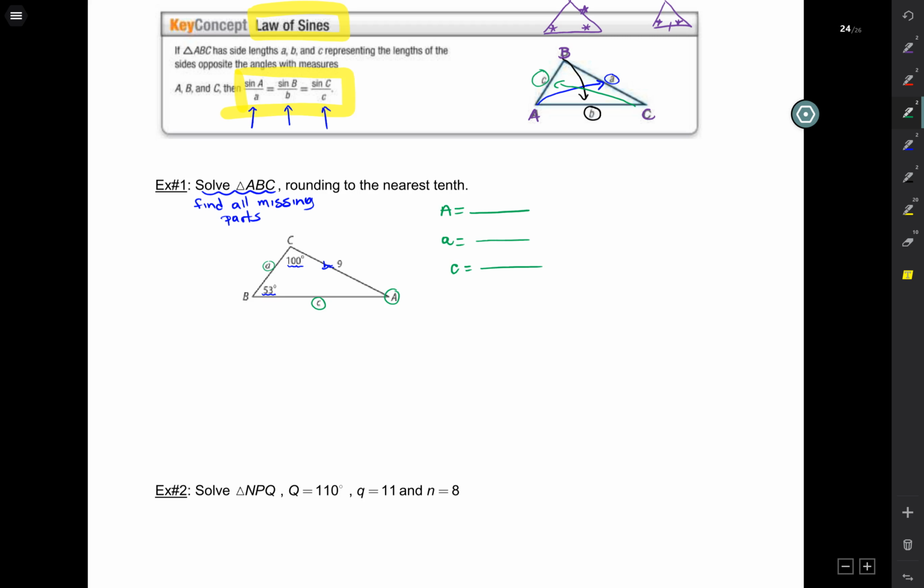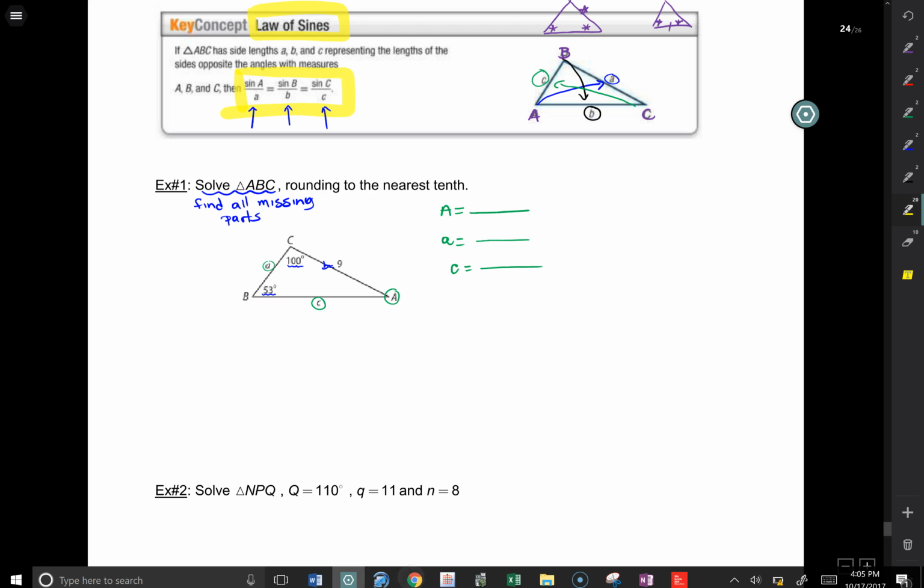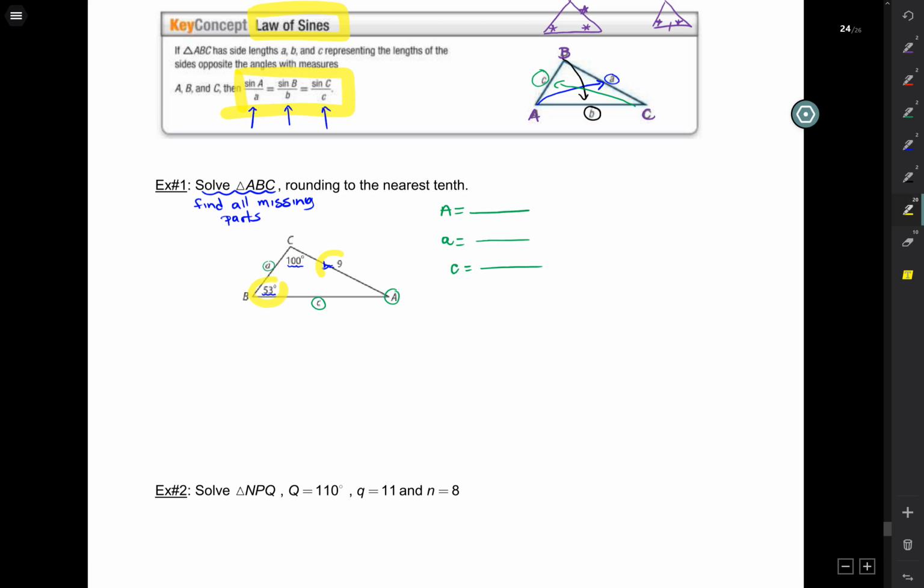Okay, so now it's up to you which one you want to find, but basically look for a pair, in which case you're going to have an angle and a side given. Okay, so for example, take a look here at angle B and side b. You're given angle B and side b.